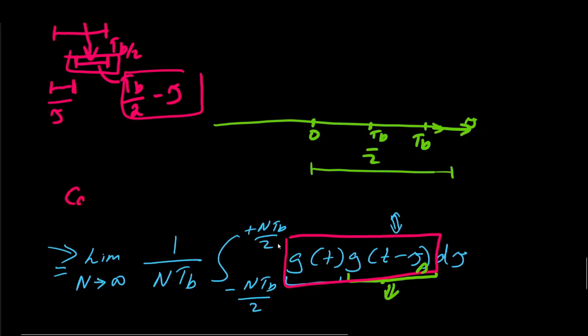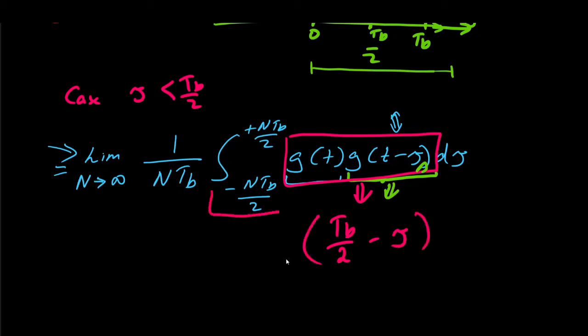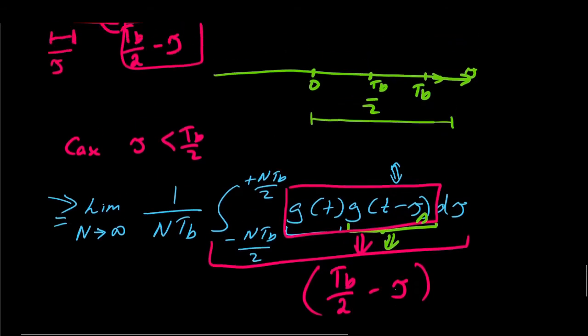So in the first case, when we set delay less than TB by 2, this turns out to be simply TB by 2 minus tau, but overall we have n such bits.